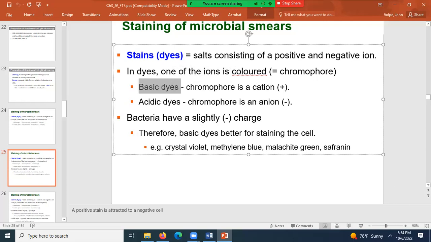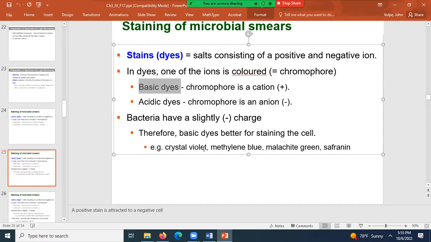It's attracted to the slightly negative cell, and the basic dye will tend to stain the cell better than an acidic dye. And then crystal violet, methylene blue, malachite green, and safranin are all basic dyes. Any question about any of that?